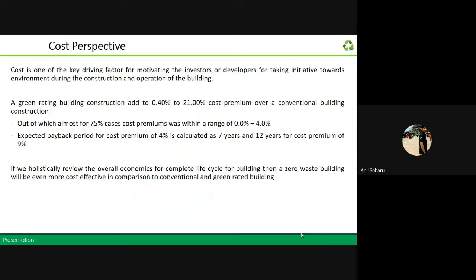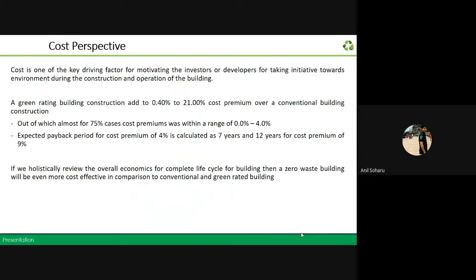However, in almost 75% of cases, the cost premium is in the range of 0 to 4% only. For a 4% premium, which applies to almost 75% of buildings, the payback period is 7 years. We can reach the break-even point within 7 years, and for a cost premium of 9%, the break-even period is 12 years.